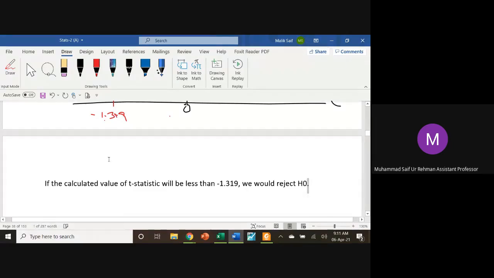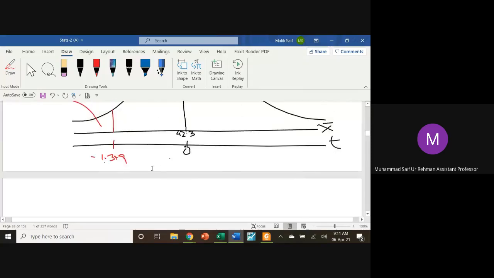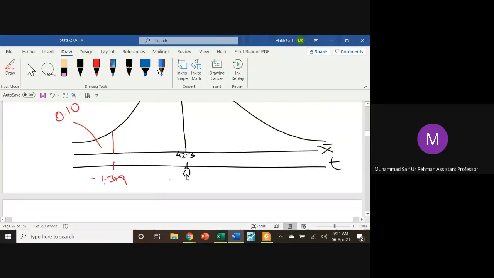So you can see the values will be like this: 0, -1, -2, -3, -4, up to minus infinity. If some value, let's say -2, is the calculated value, -2 will be to the left side of this value. -3 will be to the left side of this particular value. And -1 will be to the right side of -1.3.